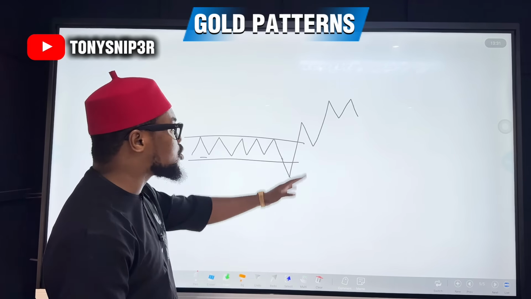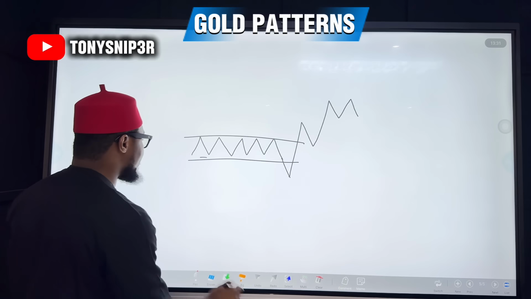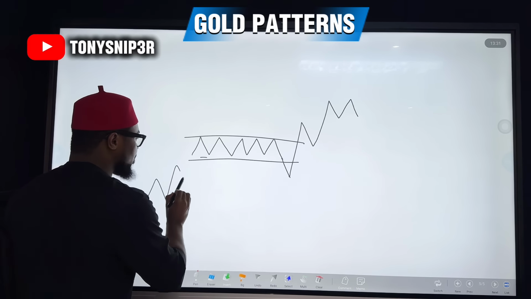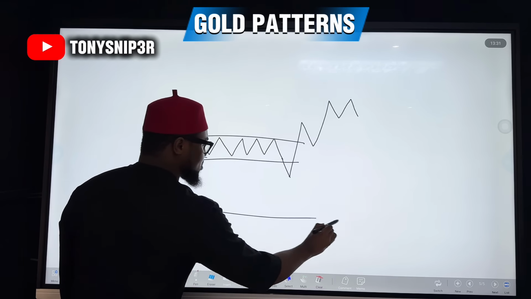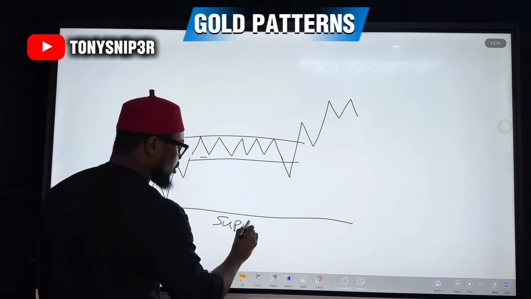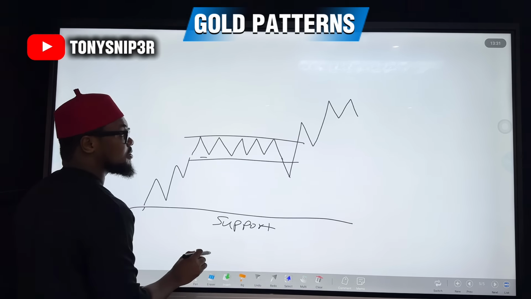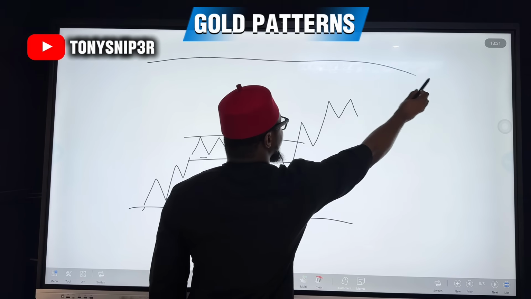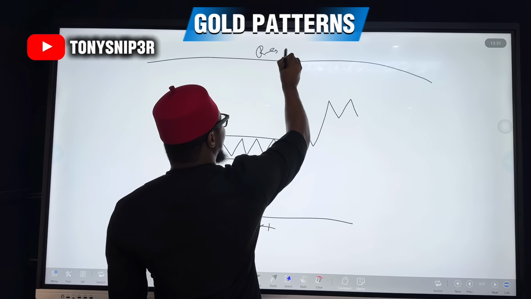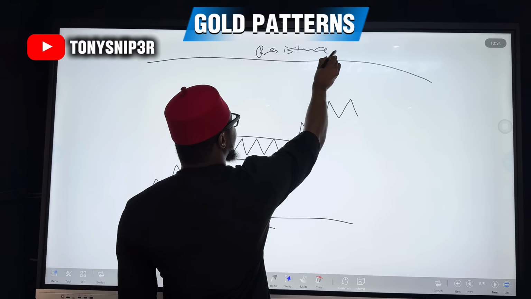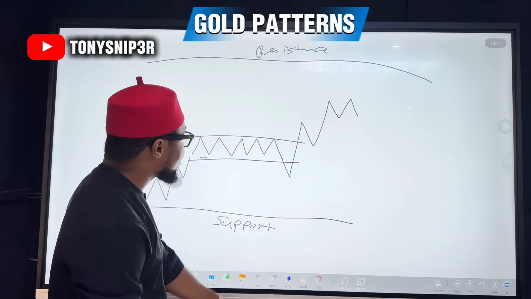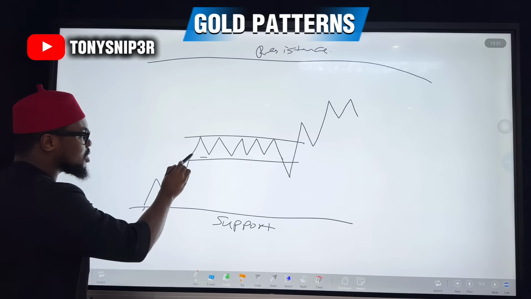Now, when you see a double top here, right? Remember, this market was actually moving from this side. This is where your support or your minor demand is located, right? And this is where your resistance or supply zone is located. Now, immediately you notice this market was actually bullish.